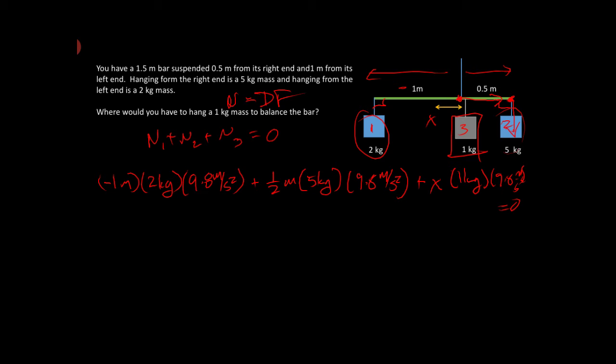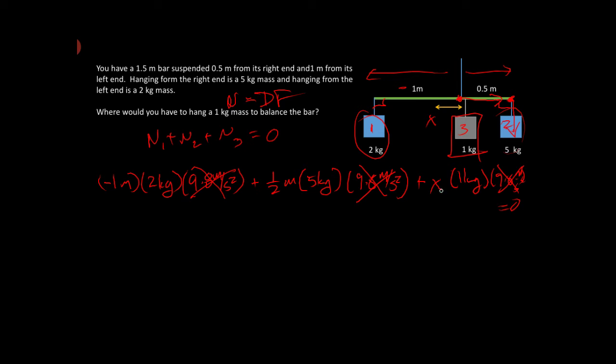So let's see, what's the first thing to do? Well, you may notice that there's a 9.8 sitting around in all 3 terms. Get rid of it. You don't need it. We can also get rid of these kilograms if we want, or we can keep them. Let's just keep them. We can get rid of them later. They're not that burdensome.